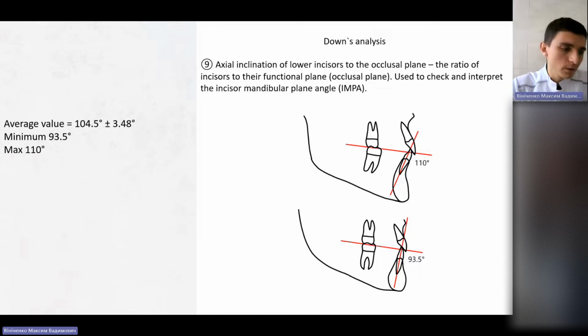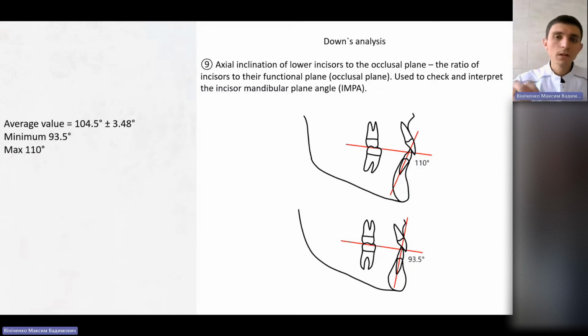When we work in our practice, we take only those aspects of analysis which we need. For example, if we need to understand the position of the teeth and of the jaws, we do not need to make the whole analysis from beginning to end.